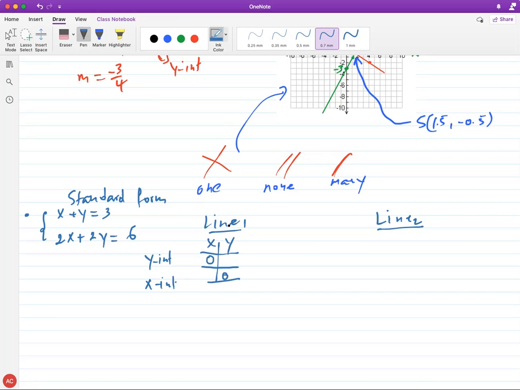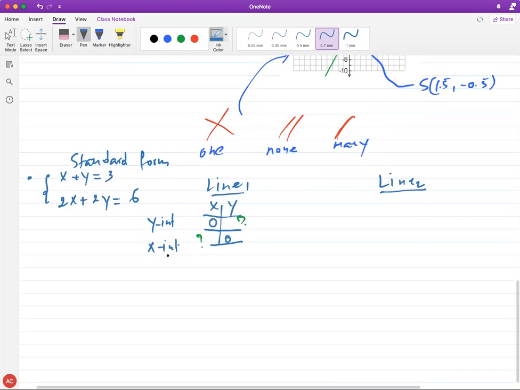So now we're working with line 1. Again, you start with this table, put zeros here. We just need to find this value here and also this value. This is line 1, x plus y equals 3.